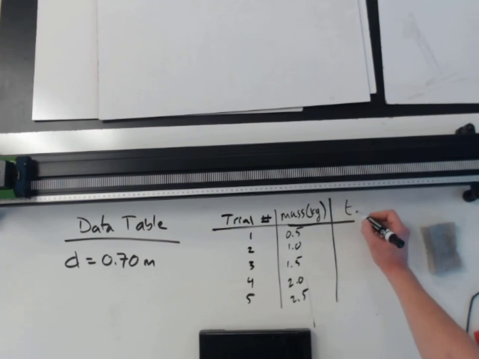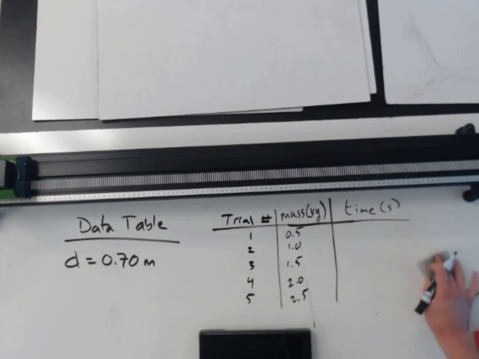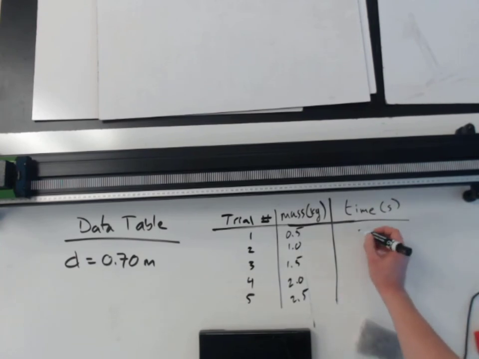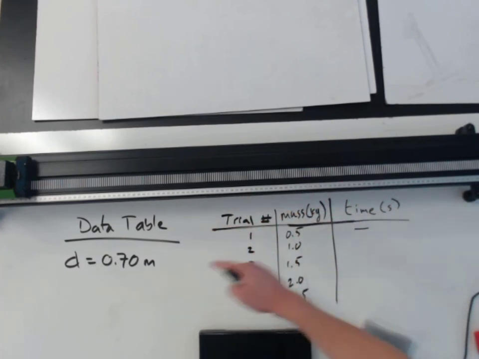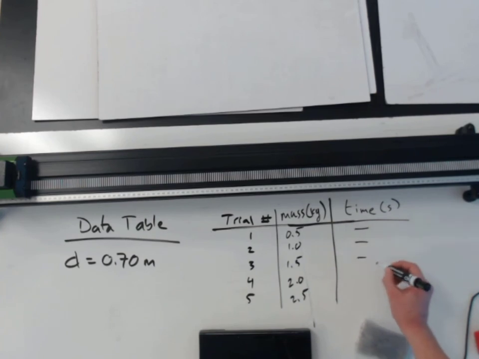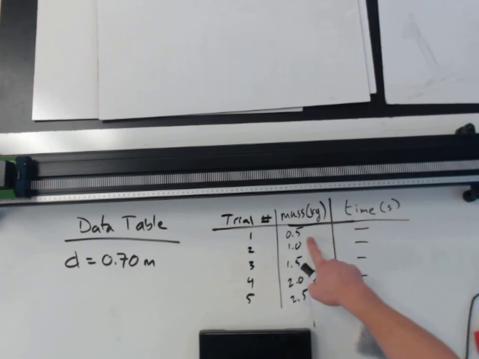You also should have recorded times in seconds using that stopwatch on the screen. So you should have a certain amount of time it took for the object to speed up and travel across the 0.7 meter distance. So you should have numbers in here where I'm drawing these lines. And so this time is going to correspond to that mass. This time is going to correspond to the next larger mass.